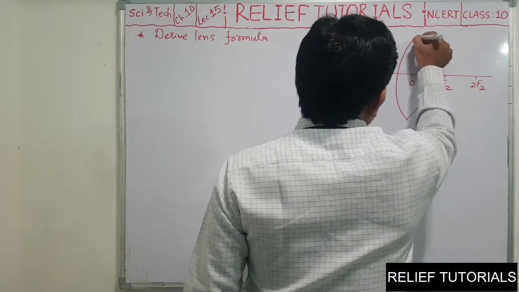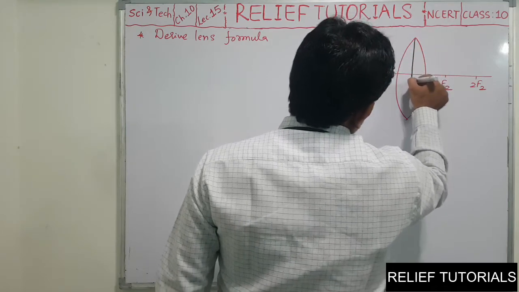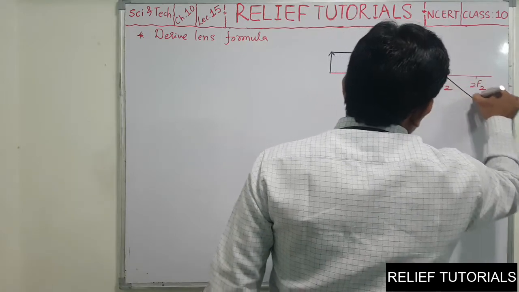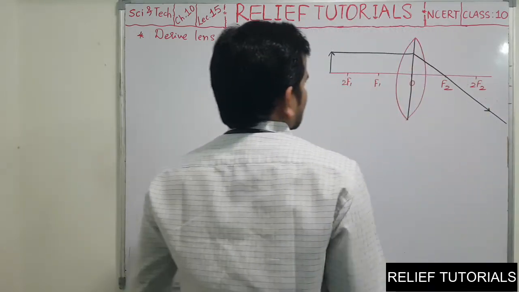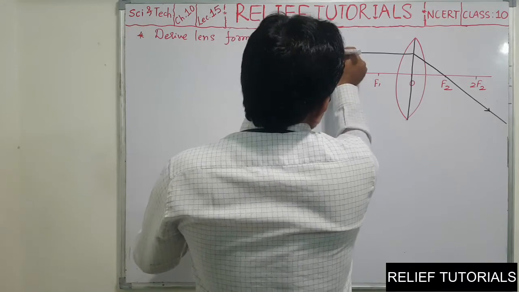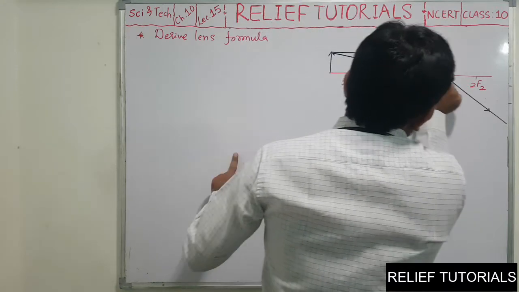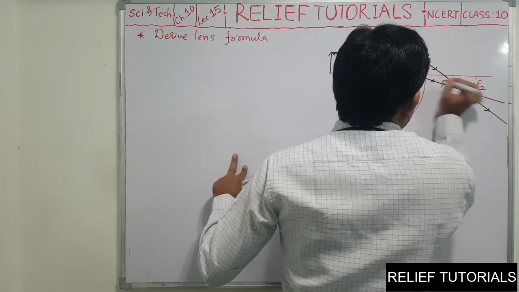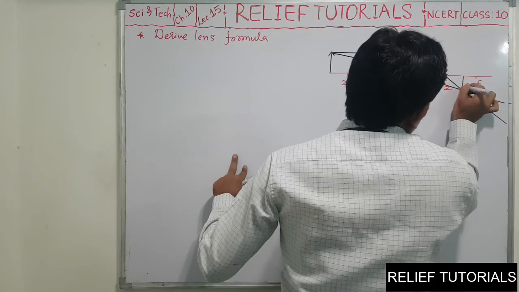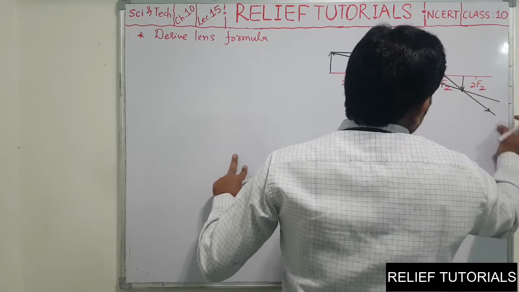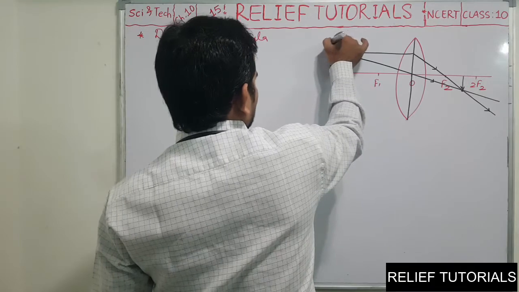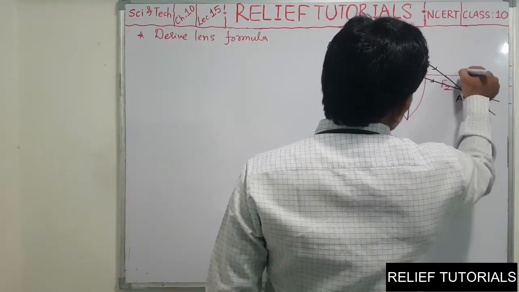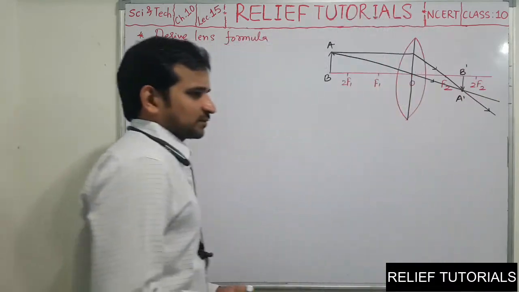The first ray goes parallel to the principal axis, refracts and passes through F2. The second ray passes directly through O. Here is the point of intersection of both the refracted rays. The image is formed here. Let us say this object is AB and the image is A dash B dash.